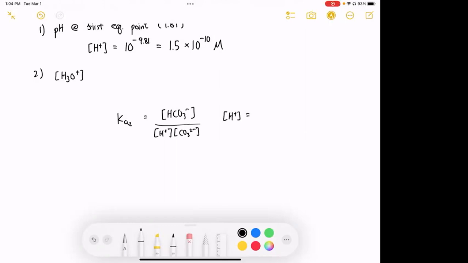We get H plus equals, oh, sorry, I'm looking the backwards direction. I should have done it the other way. Sorry. So Ka2 is when we have CO3 2 minus over H plus.